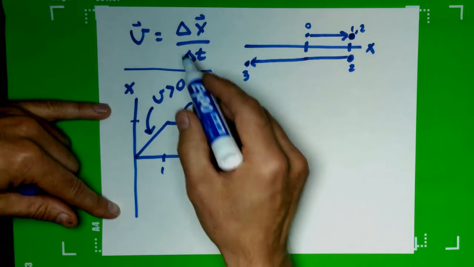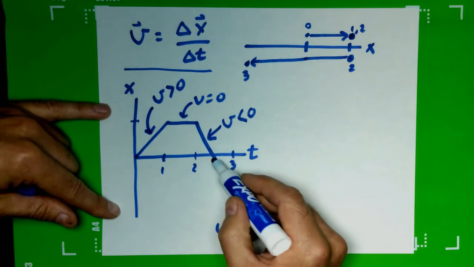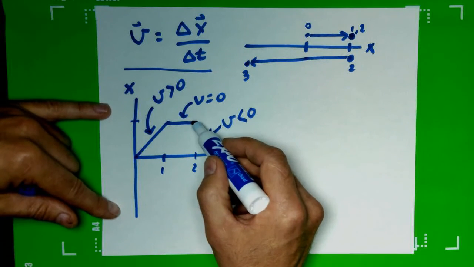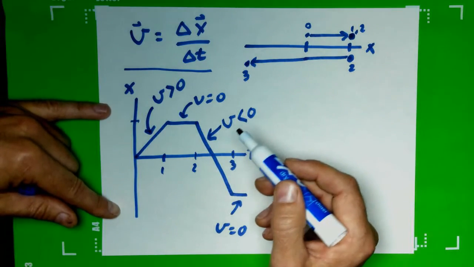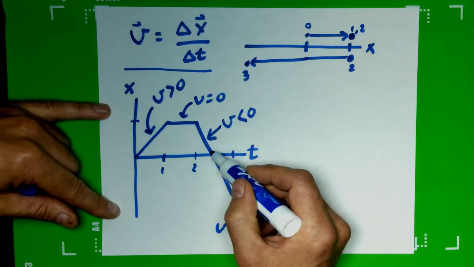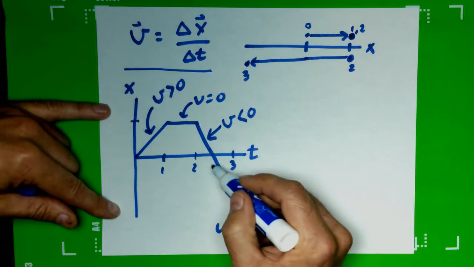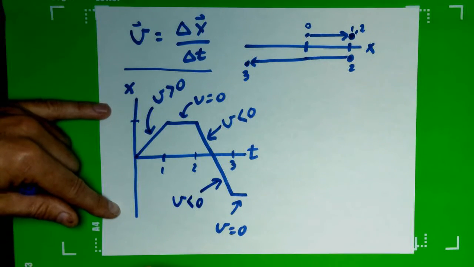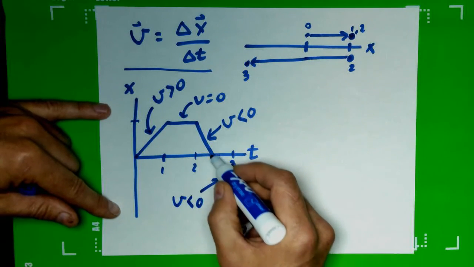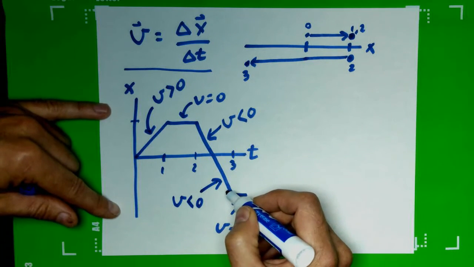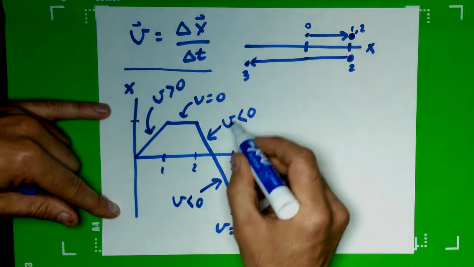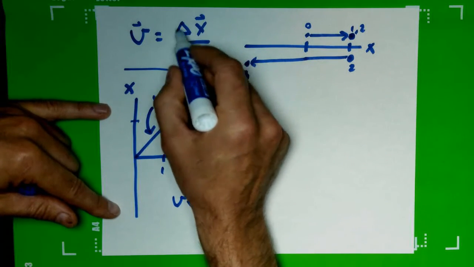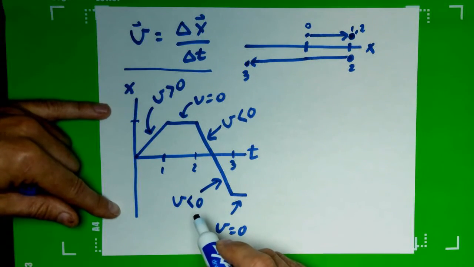I'm still getting a change that's negative. 0 minus a positive number is a negative total. A big negative number minus 0 is a negative number. So here the velocity is less than 0 too. The way I've drawn it, the rate at which it changes is no different, so these two velocities are actually the same, because how much it changed in how much time was the same.